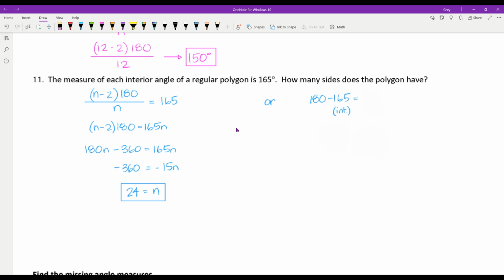And then I'm going to get an exterior angle, which is 15. And what do all the exterior angles add up to? Well, they add up to 360. So I just have to do 360 divided by 15, and I get 24. So your choice, this way or that way. I kind of like that one. But you do whichever one you can remember and whichever one you can always get right.